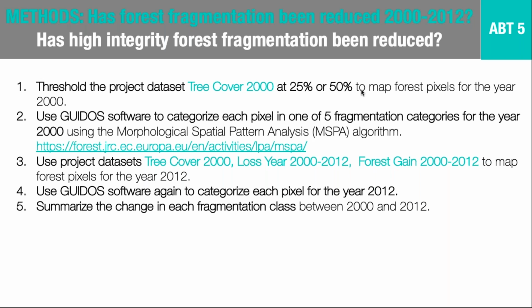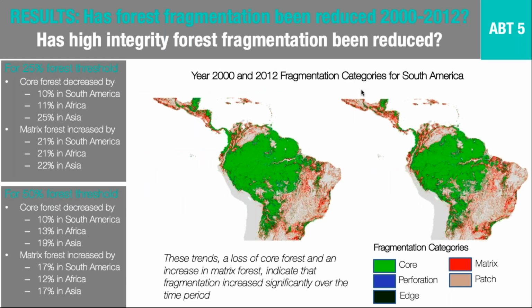In that way, we have fragmentation classes in the year 2000 and fragmentation classes in the year 2012 that we can compare to look at some trends. And so next slide, please. Thank you.